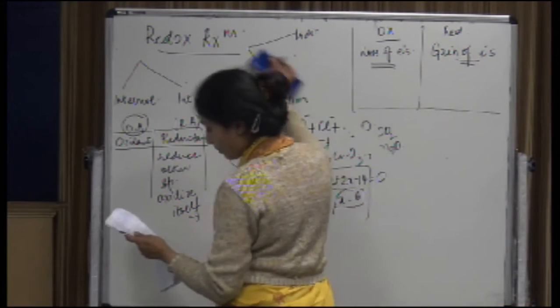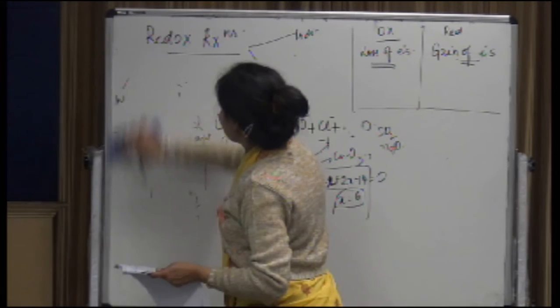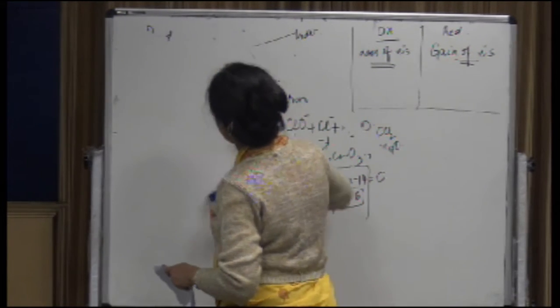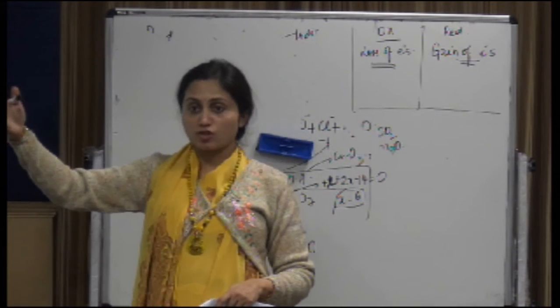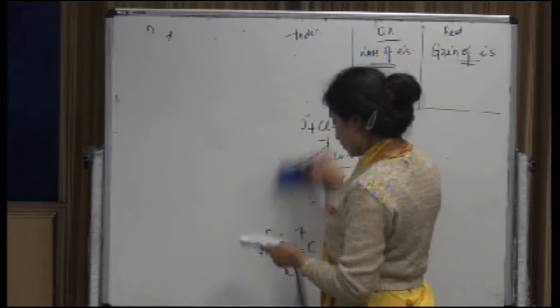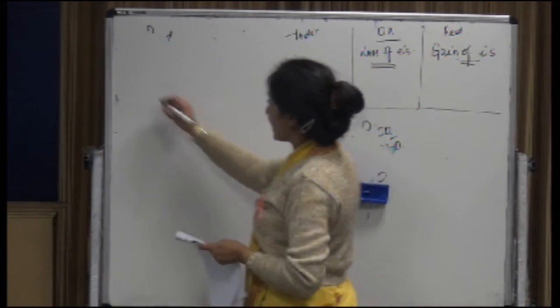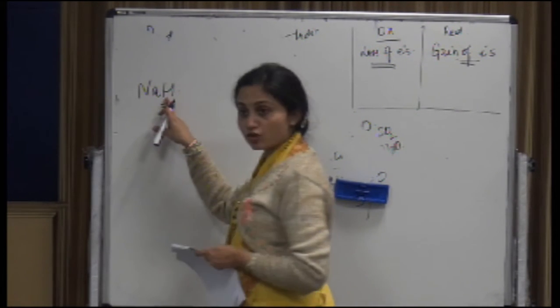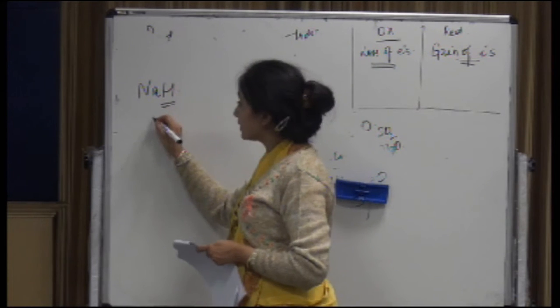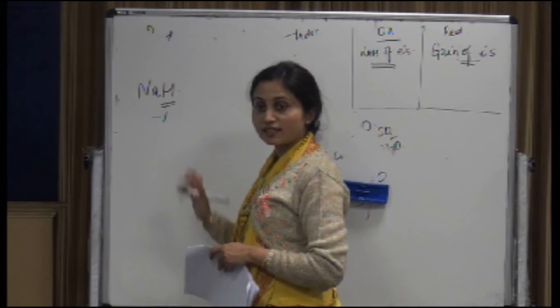And when we talk about the important reductants, I did mention that reductants will be generally those which have chances of going to a higher oxidation number. For example, if I talk of NaH, here my hydrogen is already in which state? -1 oxidation state, because this is the hydride.